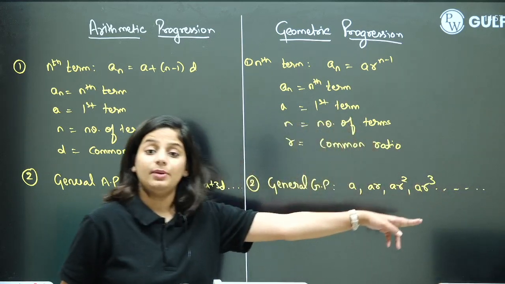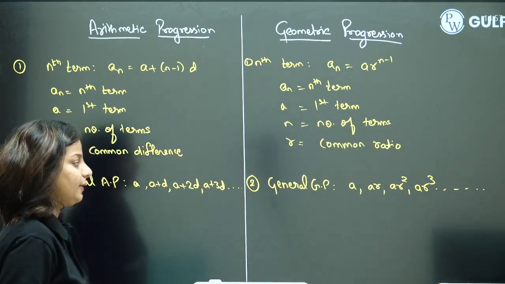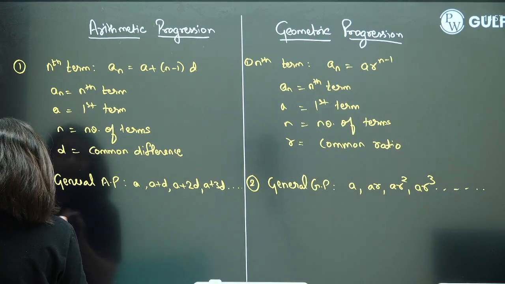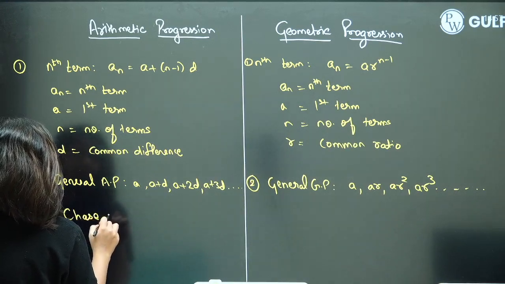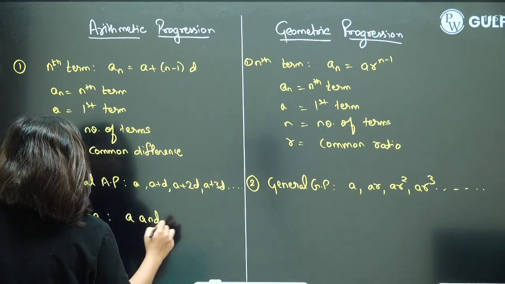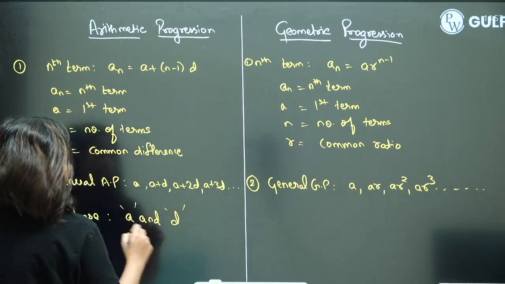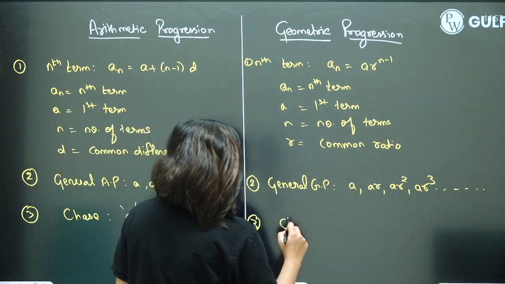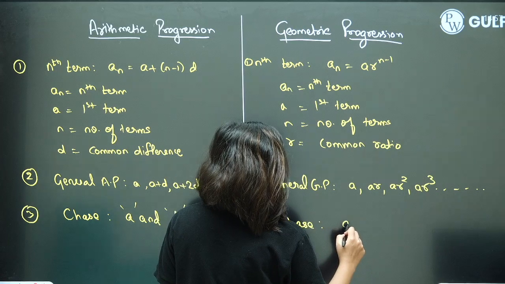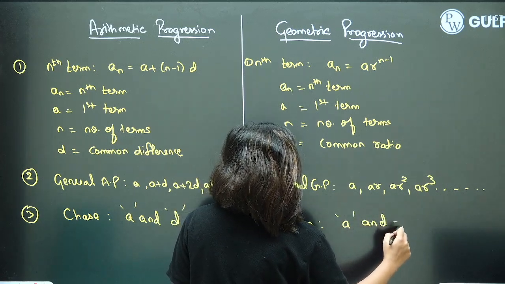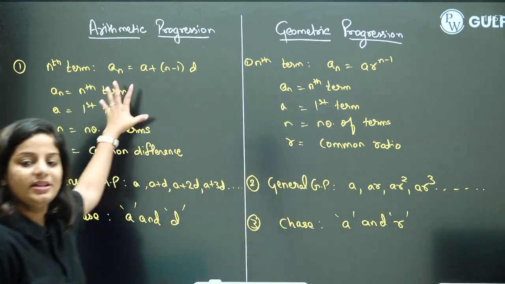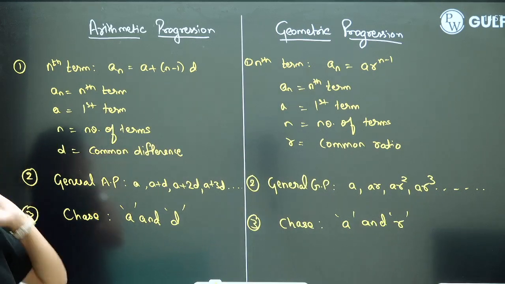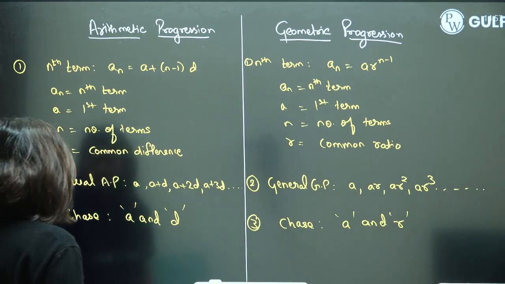Keep on multiplying with R. Third thing, in AP, we always try to find the values of A and D. Whereas in GP, we will always try to find the values of A and R. Once you get A and R, the question will be solved. Get A and D, the question will be solved. So that's how it happens in AP and GP.